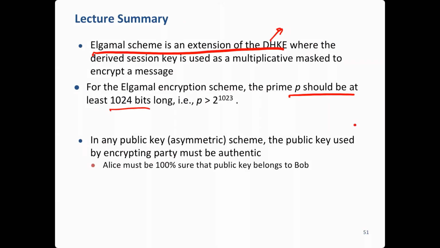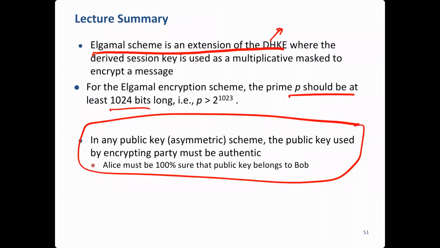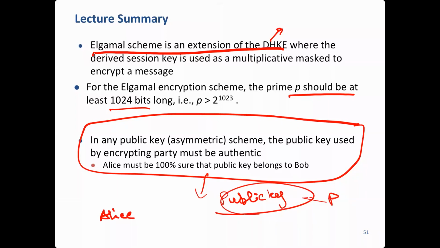Now, one thing we notice is that we are using public keys. For example, Alice uses the public key of Bob. How does she know the actual public key of Bob?